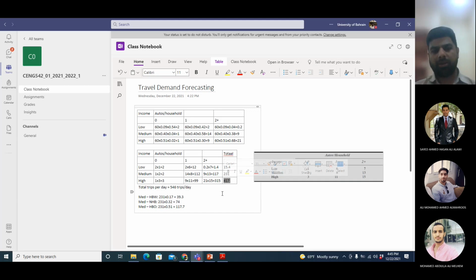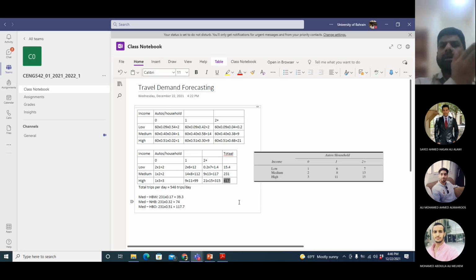So from the 20 household data set, we found the percentage of people belonging to each income category and car household, and we found the average number of trips for each income category and cars in the household. And then from the entire data, we found the average income, the total number of households.